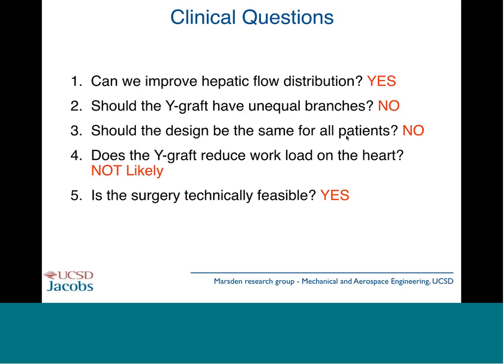And so particularly when it comes to examining the risk of low wall shear stress or high residence time leading to thrombosis. We no longer believe that it's likely that the Y graft will reduce workload on the heart based on our multi-scale modeling studies.